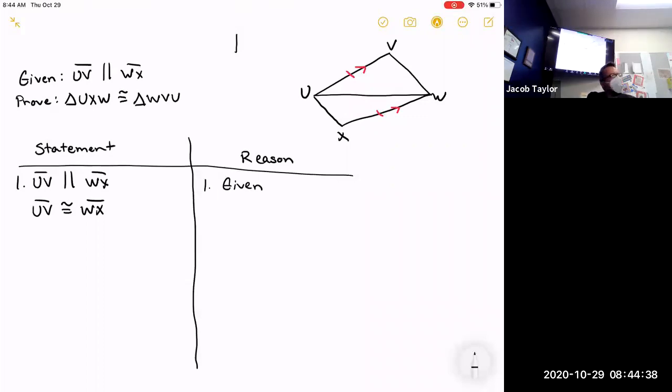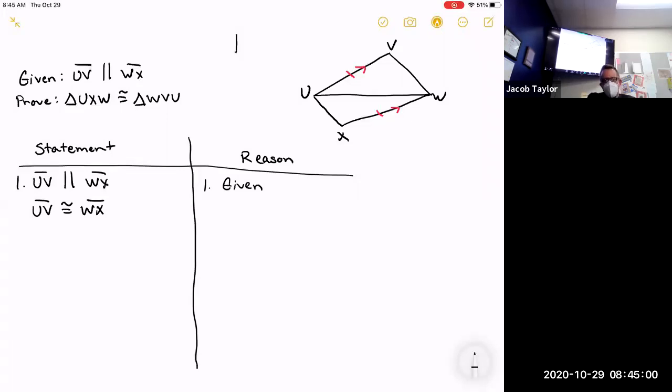Taylor, why can't you, for the proof, on triangle UXYW, is it okay if you switch it up and say XW, U? Or does it have to be that? You mean if you labeled it differently than me?